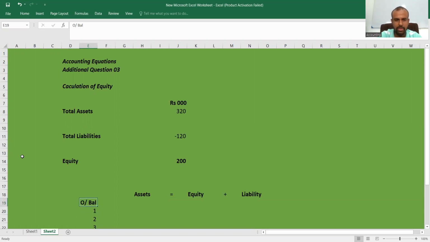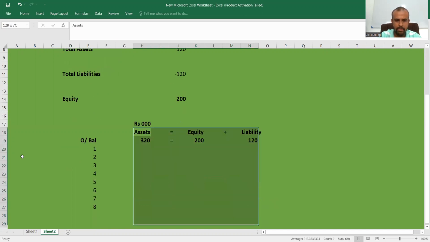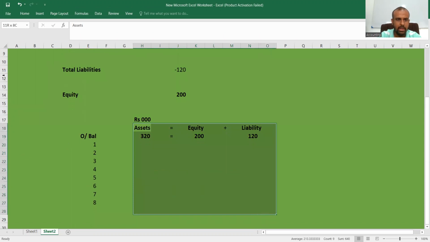Opening balances: assets 320, equity 200, liability 120.